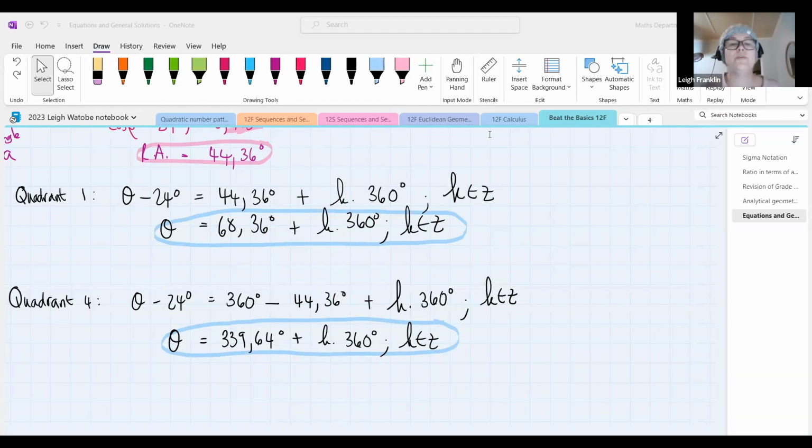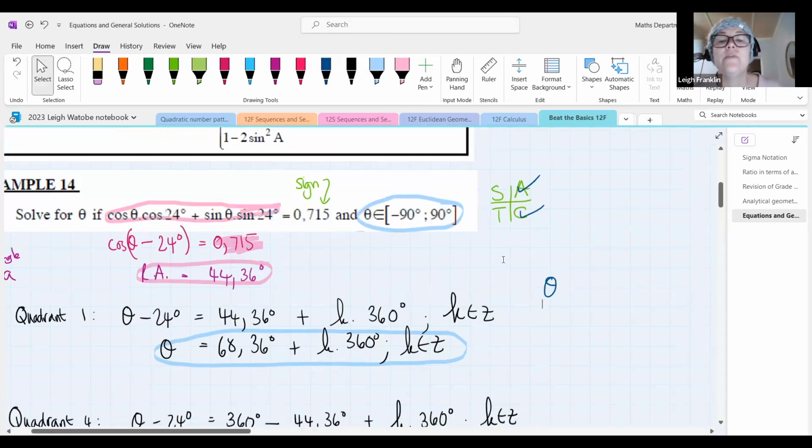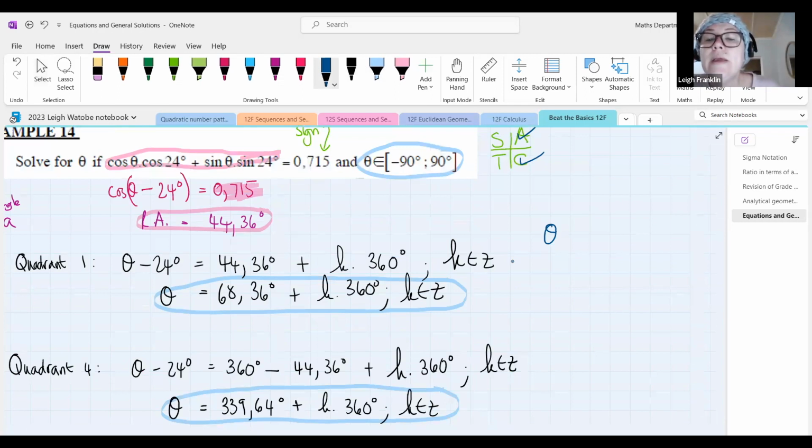What Ntokozo is trying to say is this: we have been told to find a solution for theta. There's our given interval over there, between -90 and 90.